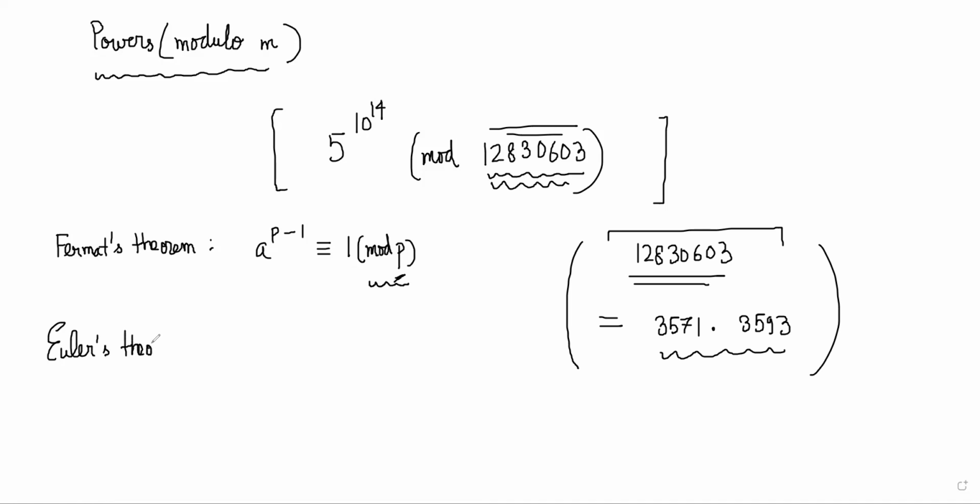Euler's theorem says that we have a power phi of m is congruent to 1 mod m. Here m doesn't have to be a prime, right? So modulo m, so this was our m, we should basically find phi of 12830603.